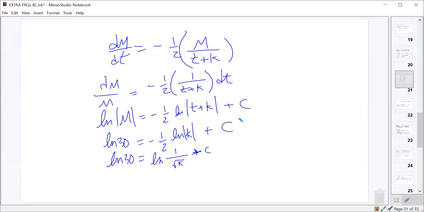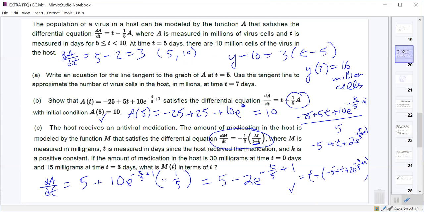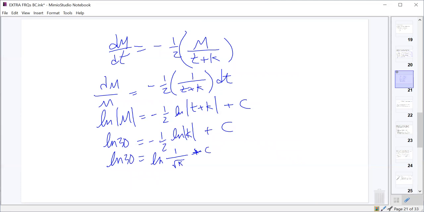Let's go back to our other initial condition that at t equals 3, it's 15. And if at t equals 3, it's 15, we end up with the natural log of 15 equals -1/2 natural log absolute value of 3 plus k plus our constant.